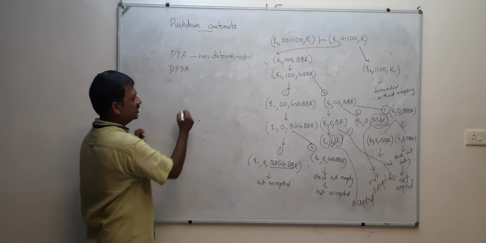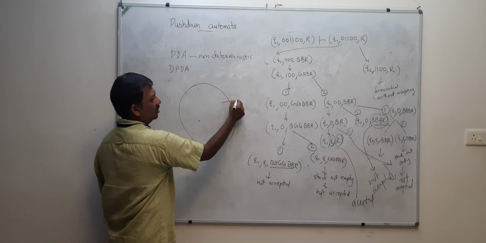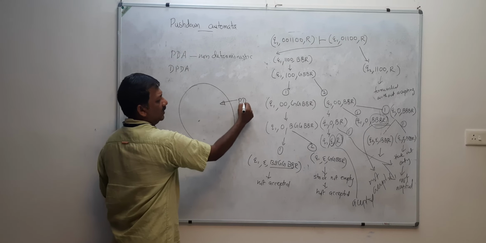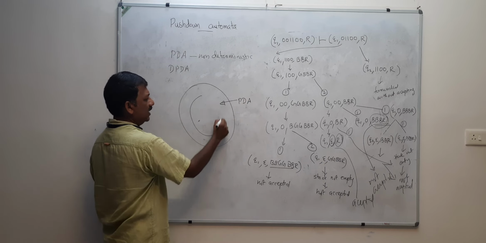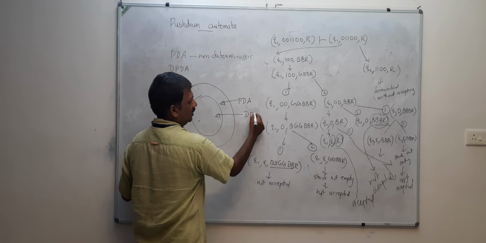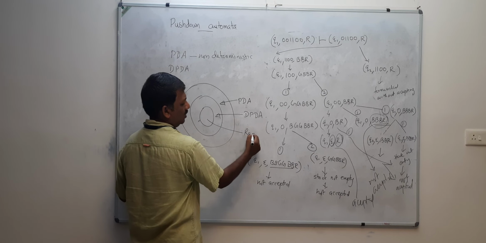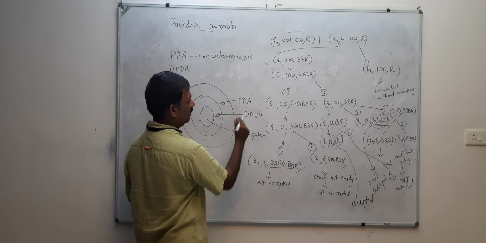And the class of languages accepted by a PDA is like this. Then DPDA is accepting only a subset of that. This is DPDA, and this is regular. Regular is again a subset of DPDA.